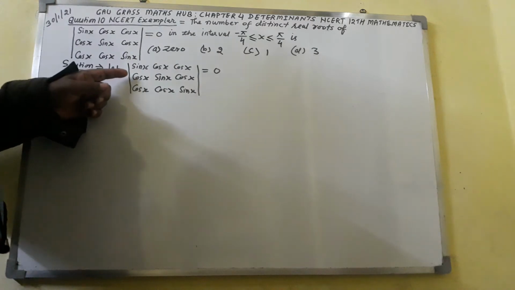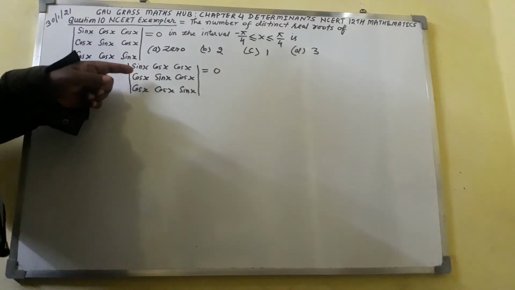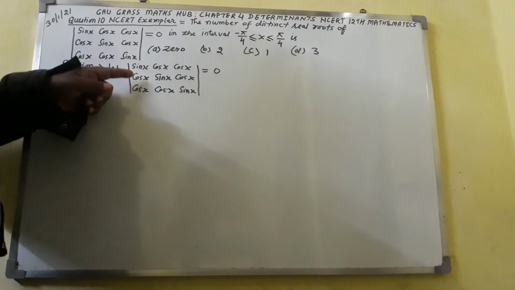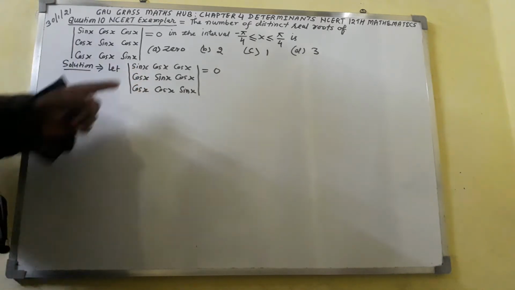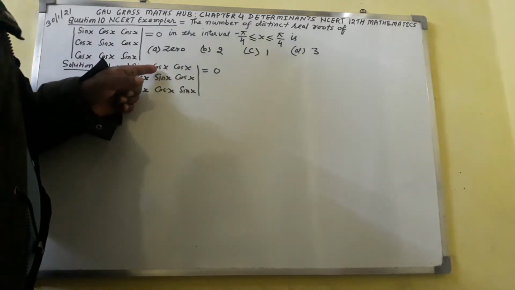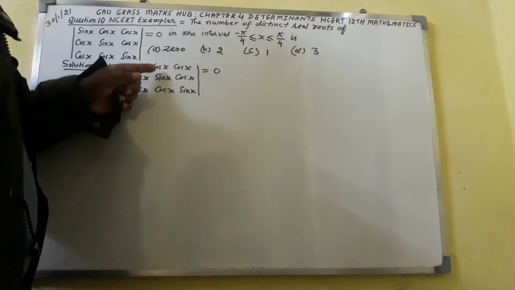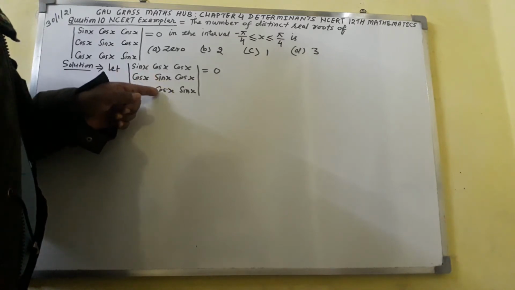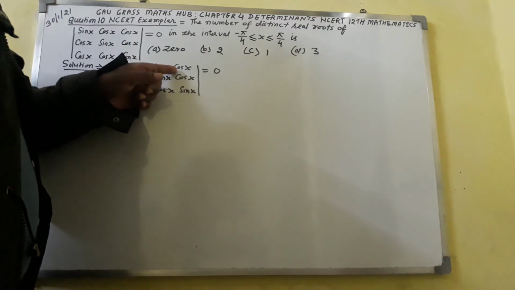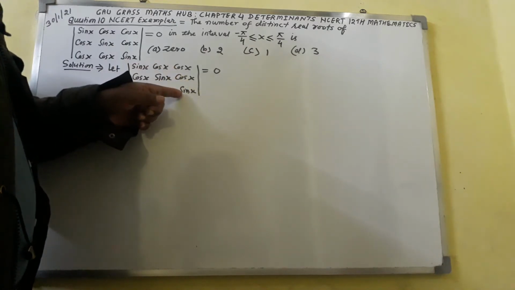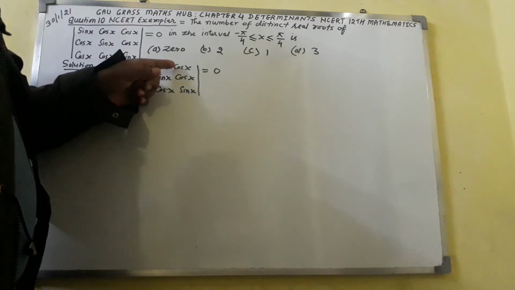Here you can see, if you add sin x to cos x and cos x, in the first row sin x plus cos x plus cos x, that is sin x plus 2 cos x, you will get. Here also if you add cos x to sin x and cos x, you will get sin x plus 2 cos x.